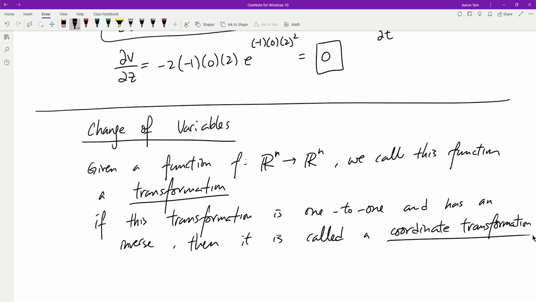One of the most common coordinate transformations that you have already learned is the polar coordinate system, which works out this way. For example, let z equal f of xy. In this scenario, x and y form a rectangular coordinate system.